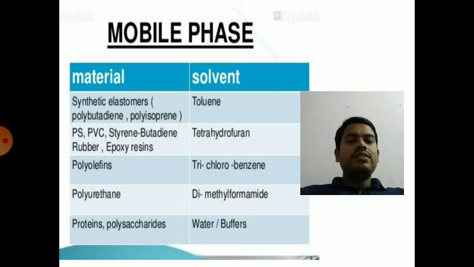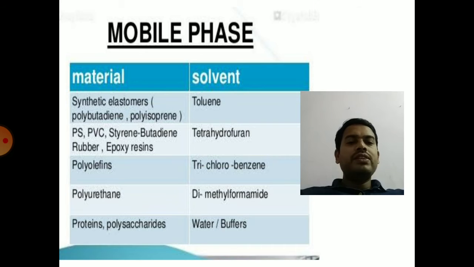Sephadex can be used in the column as a stationary phase, with a different range of pore size that accommodates proteins from 250 kilodaltons to 1000 kilodaltons. So the stationary phase is filled with Sephadex or silica or polystyrene, etc. These are the stationary phases.